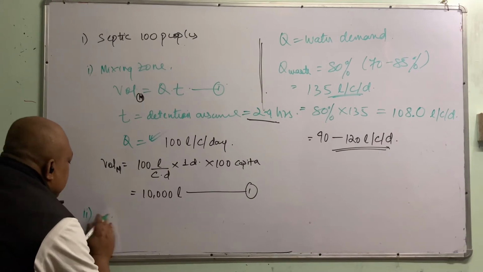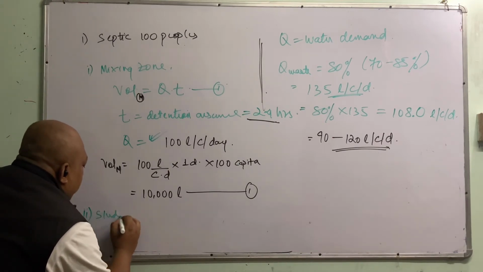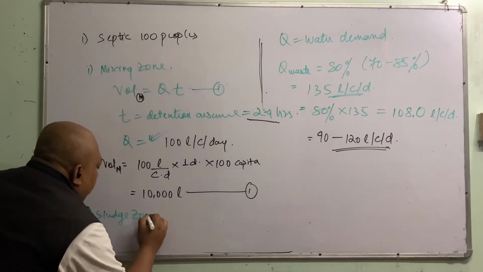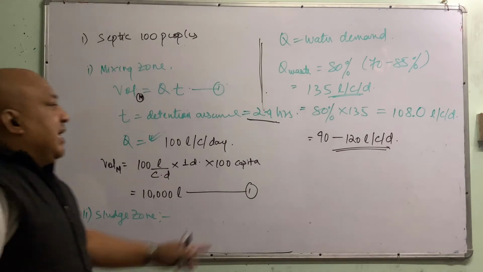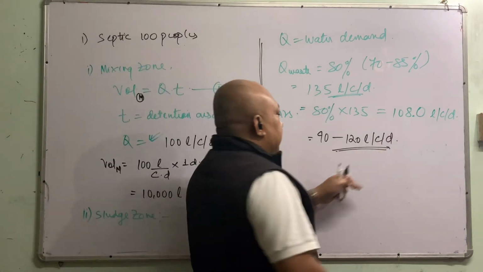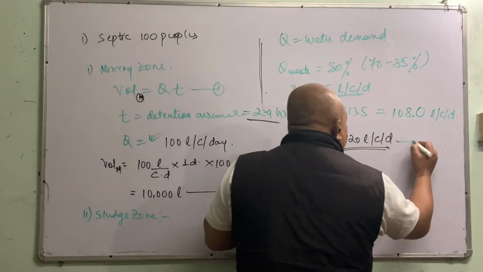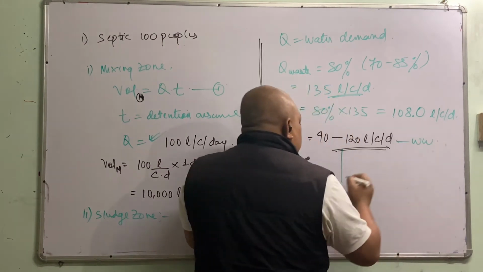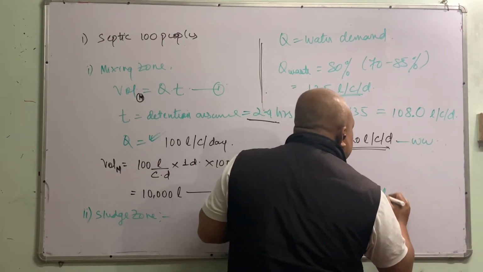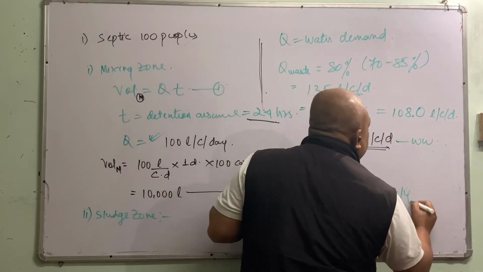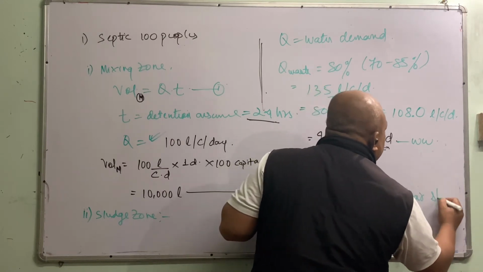Number 2 is the sludge zone. In the sludge zone, already I have told you, this 90 to 120 liters per capita per day of wastewater is going to become 30 to 40 liters per capita per year as sludge.